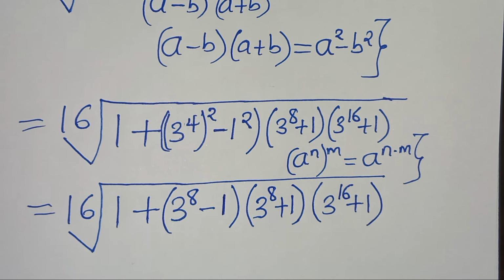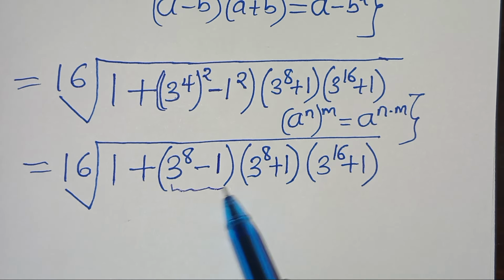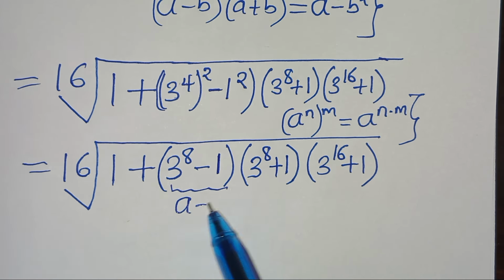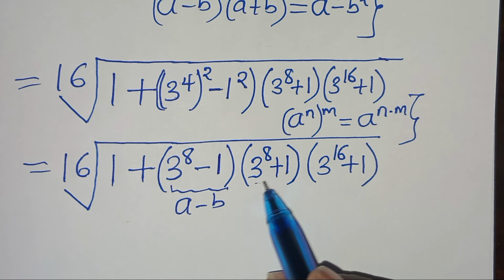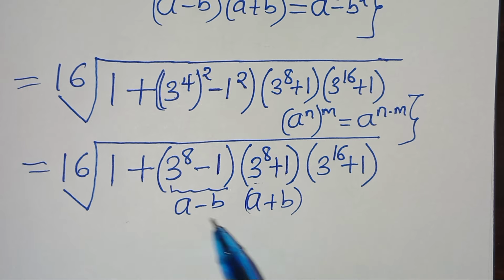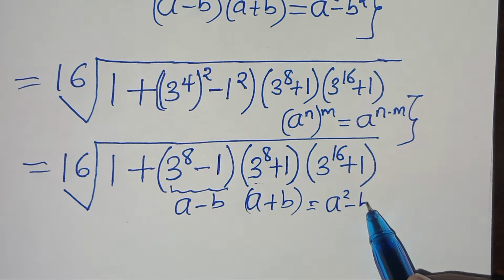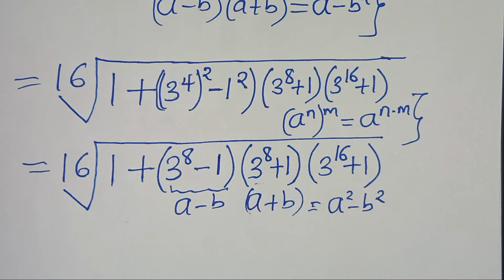Let's close the parentheses. Now, again, if you check here, this is the same thing as a minus b, and this is the same thing as a plus b. So we can establish a squared minus b to the power of 2.